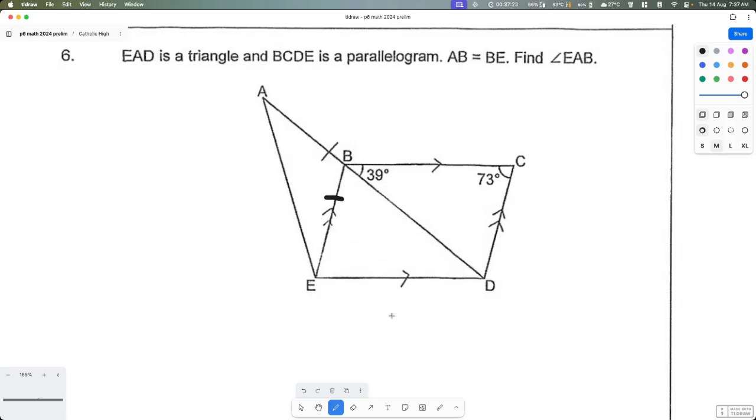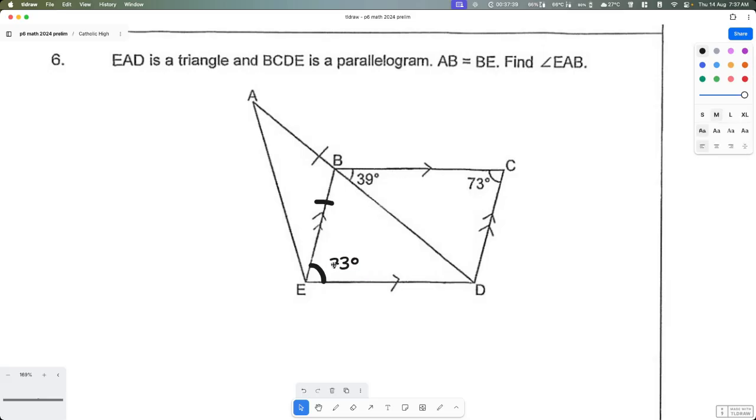EAD is a triangle, so we know there are two of these. Since this is a parallelogram, we know that the opposite angles are 73 degrees. And we can know this as well. If this is 39, this is actually also 39 degrees over here.